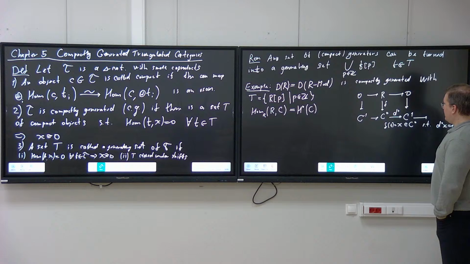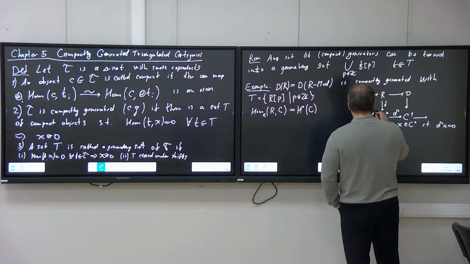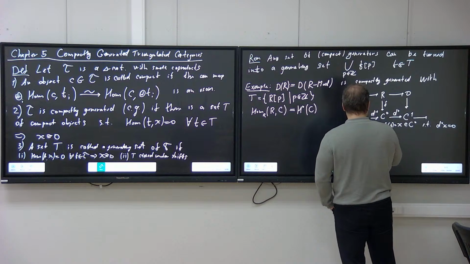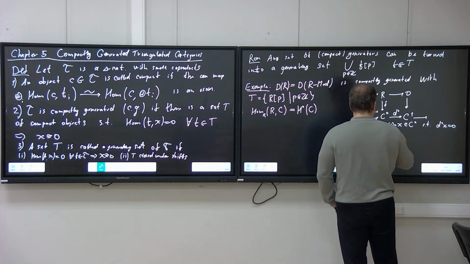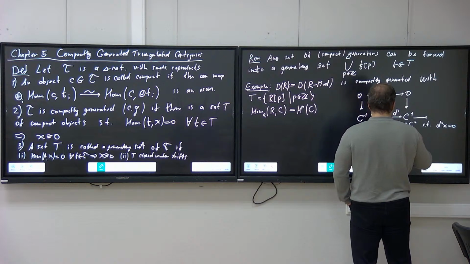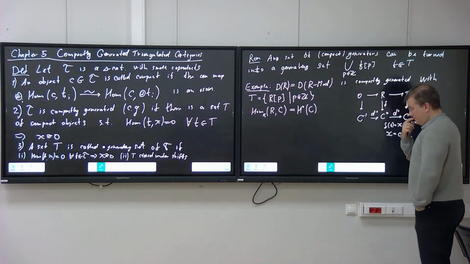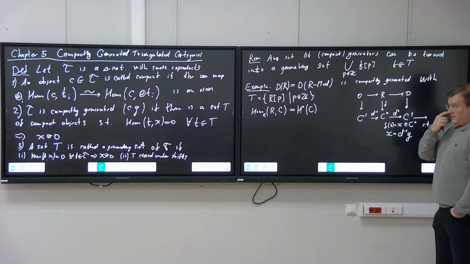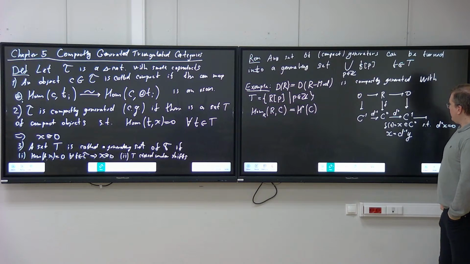And suppose you have X which is equal to D minus 1 of some Y. So you're saying that if I take an X of this form, then this is a 0 map?